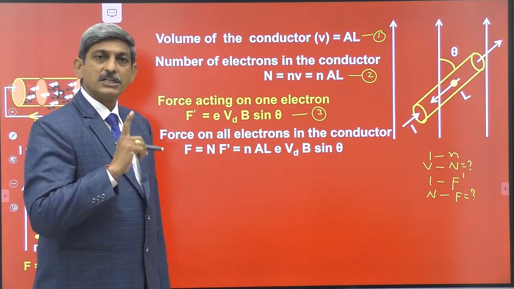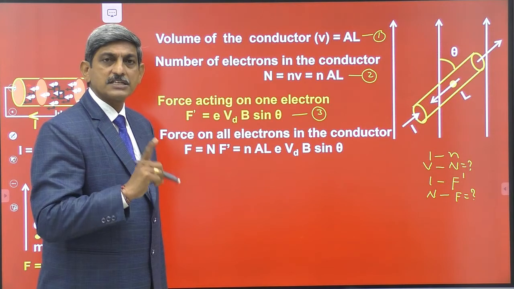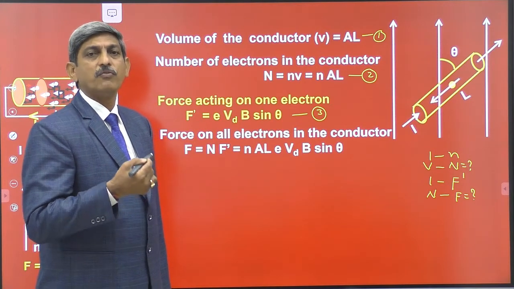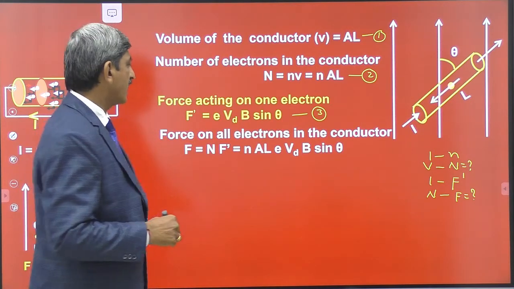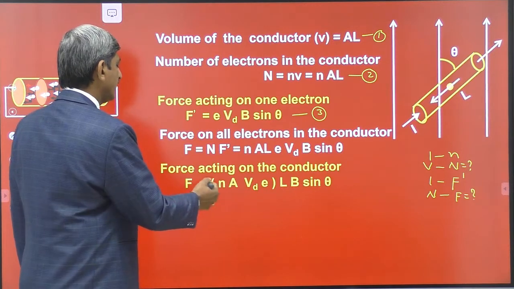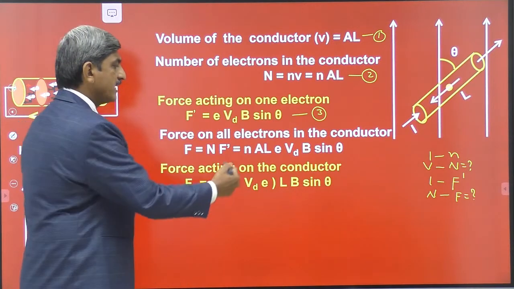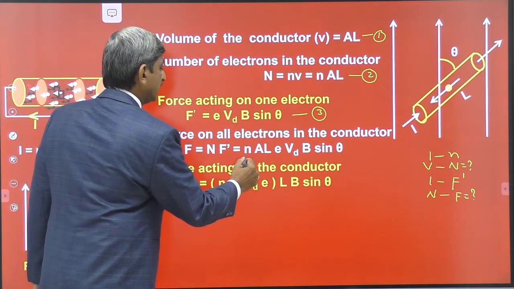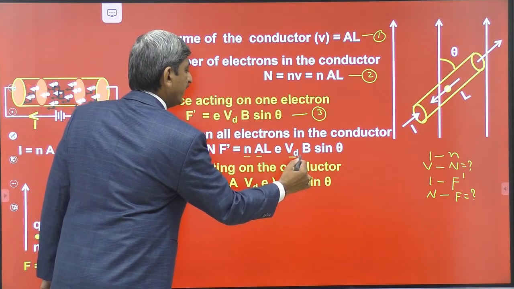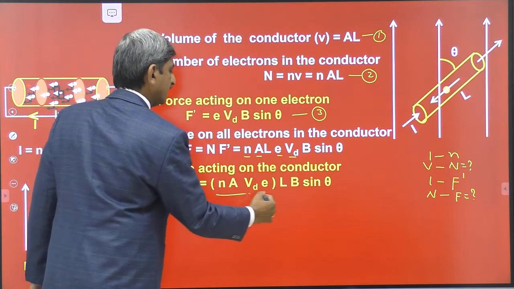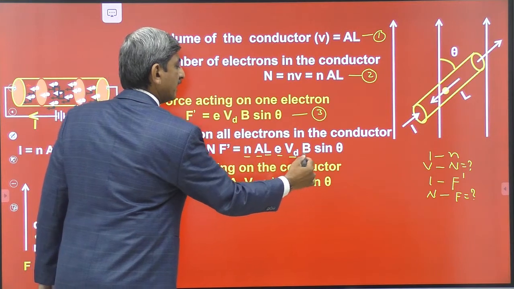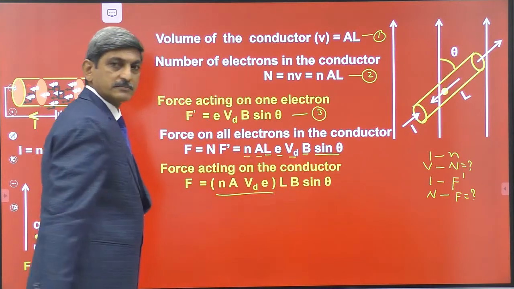We know that the force acting on all electrons inside the conductor is nothing but the force acting on the conductor. And the force acting on the conductor is given by F = I am rearranging the letters, n A Vd e into L B sin theta.